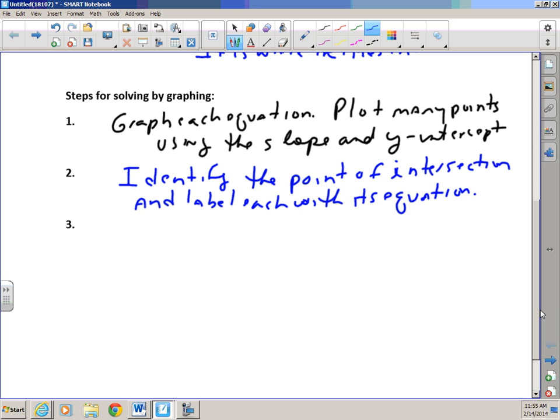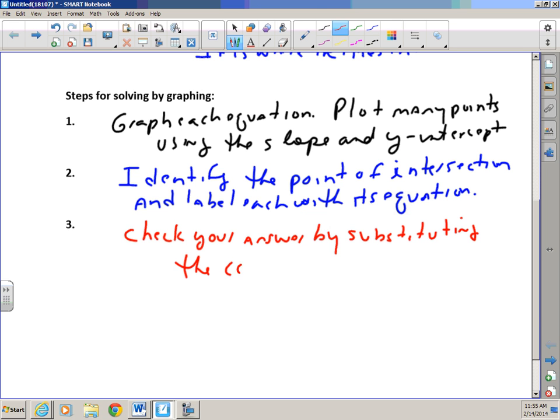And then we can check our answer by substituting the coordinates into each equation to see if it's true, to make sure that it's true.